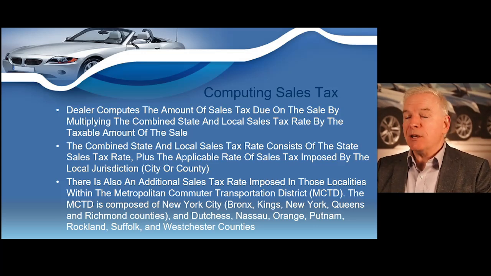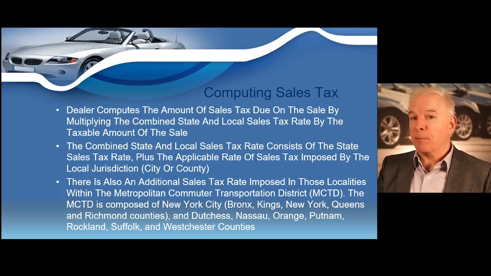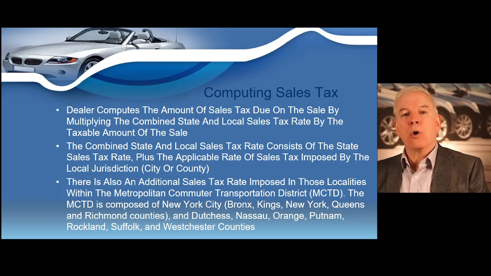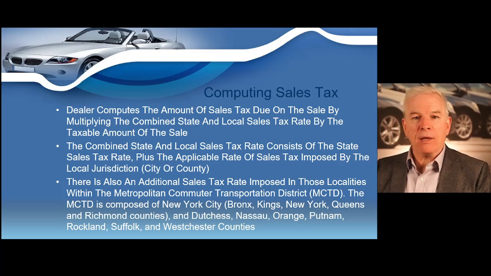There is also an additional sales tax rate imposed within the Metropolitan Commuter Transportation District, and that's MCTD, and that's composed of New York City. So if your customer lives in the Bronx, Kings, New York, Queens, and Richmond counties, then they would also be subject to that additional tax as well.